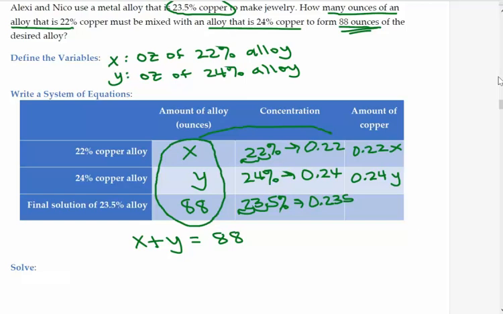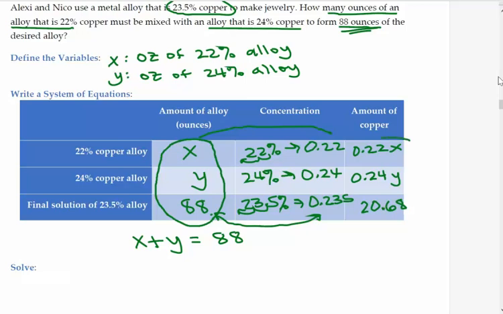Just like we were multiplying these together, we still have to multiply these together. So in your calculator, figure out what 88 times 0.235 is. That's 20 point something, I think. What is that? 20.68. Thank you.